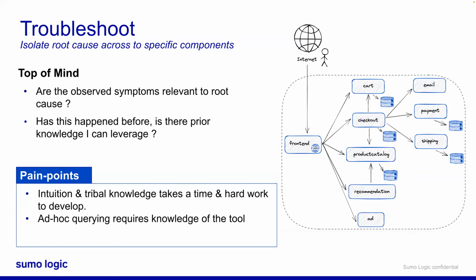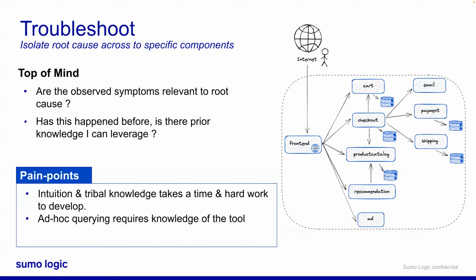So you have to quickly analyze observed symptoms and find if it is the right issue that you're tracking. And then another top of mind thing that people have is relating to past experiences. Has that happened in the past? What did we do, what did we observe during that time? What information did we get that we could leverage in troubleshooting this sort of issue?